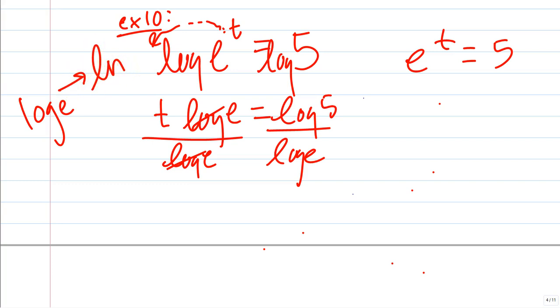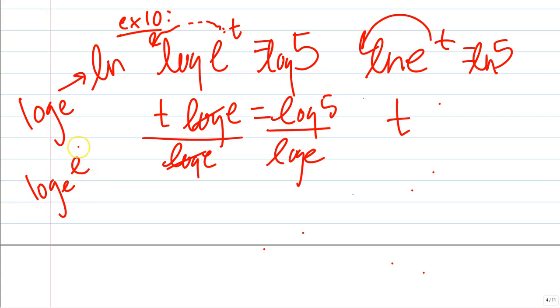So you can make your whole question a lot easier if you go, oh, if there's an e, rather than log both sides, let's use natural log, which is log base e. The t still moves to the front, but what is the natural log of e? What is log base e of e? Right? So I just get t is equal to the natural log of 5. I think that's a little easier.